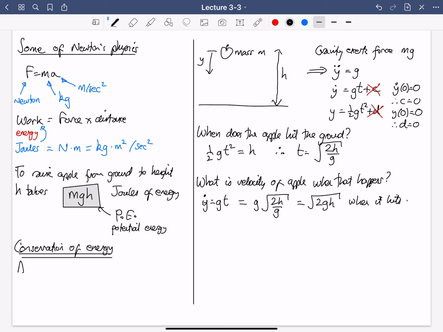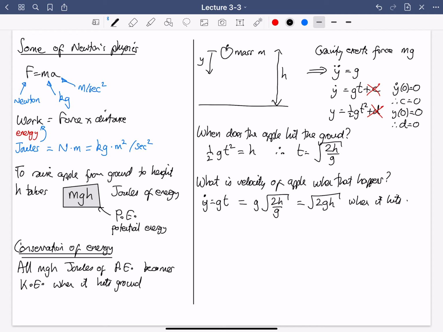So all mgh joules of potential energy becomes kinetic energy when it hits the ground. Right, so it's then a distance 0 from the ground, so there's no more potential energy in it, but all that energy has gone into kinetic energy.